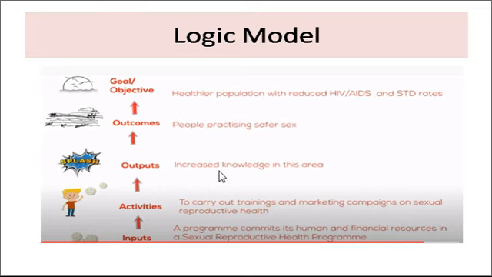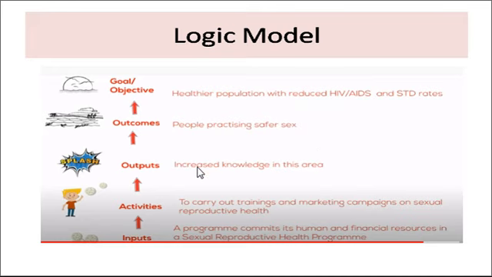What is the output? Increased knowledge in this area among the people. So now if you do a survey, you will see that yes, people are now aware. So you did all the trainings and you did a social marketing campaign, and it has made people increasingly knowledgeable about all of that. Then you have the outcome, which is people practicing safer sex.